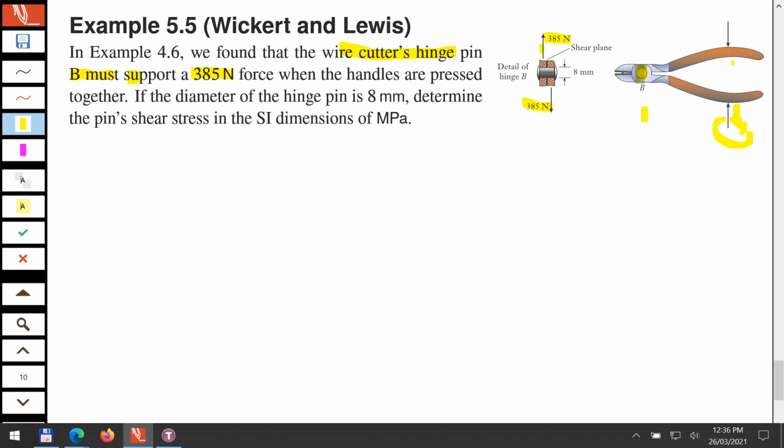Now you have a pin here. इस व्यू में आपको नजर नहीं आ रहा, लेकिन if you look at it from the side, ड्राइंग में आपने पढ़ा होगा, साइड में जब आप इसको देखेंगे तो you will see this pin. Yeah? This is your pin. So 8 millimeter उसका डाया है.